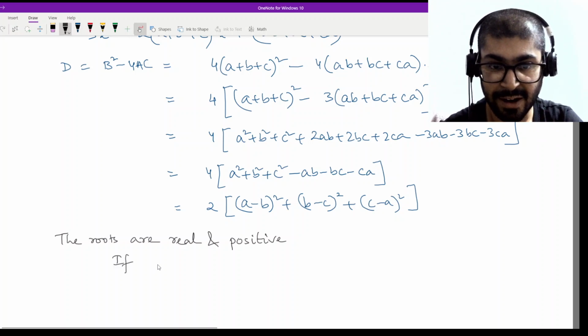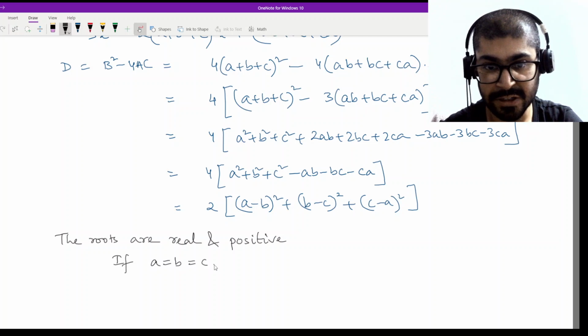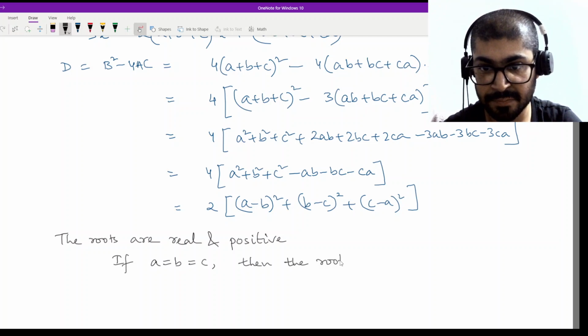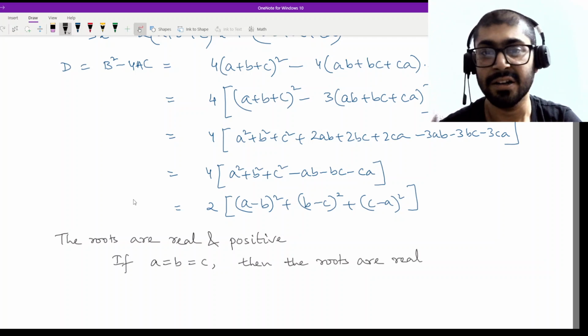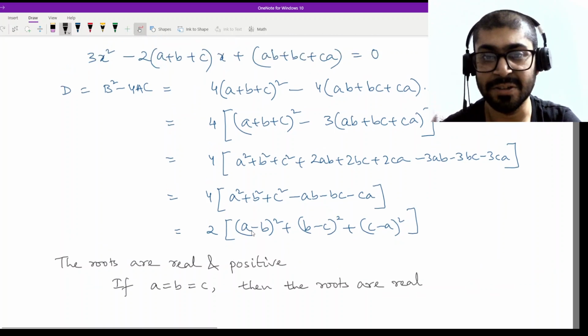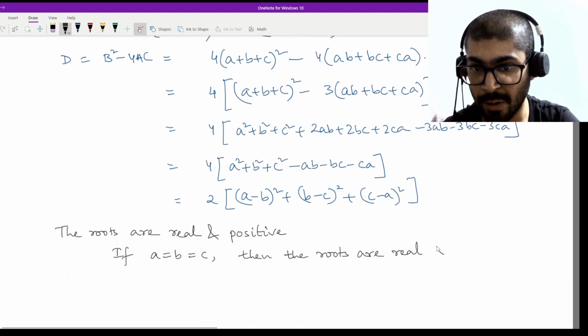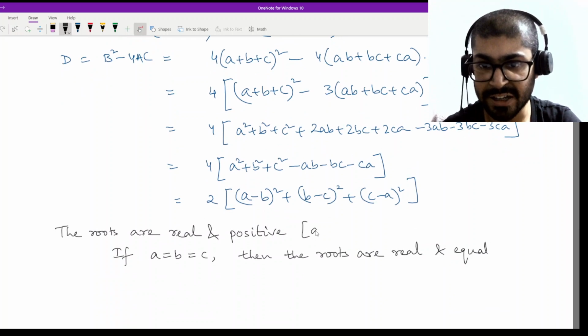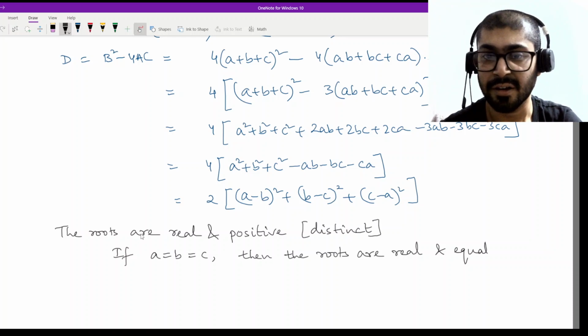if a equal to b equal to c, then the roots are real, right? They won't be positive, because this entire discriminant will be 0 and the roots will be real and equal. Here they are distinct, right?